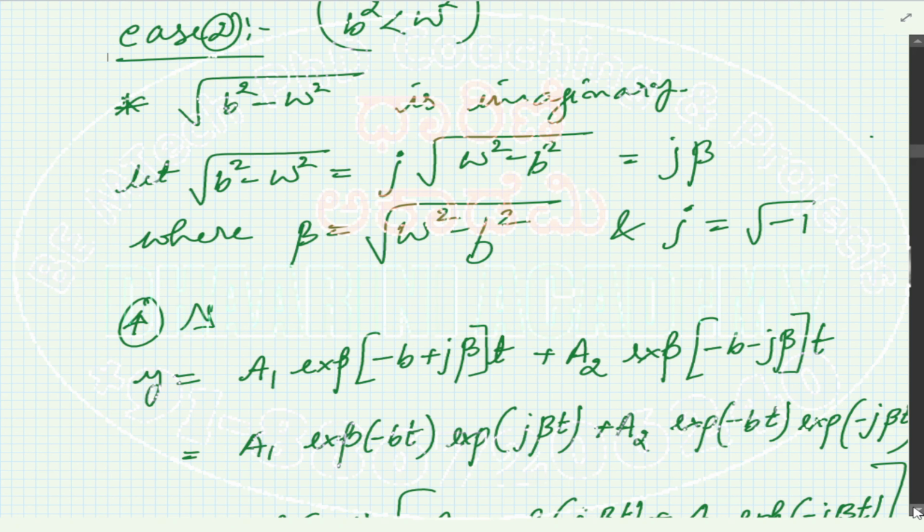So a1 into the exponential of minus bt, we are multiplying with e to the power j b1 t. So that function is a1 into e to the power minus b plus j b1 into t, plus a2 into e to the power minus b minus j b1 into t.